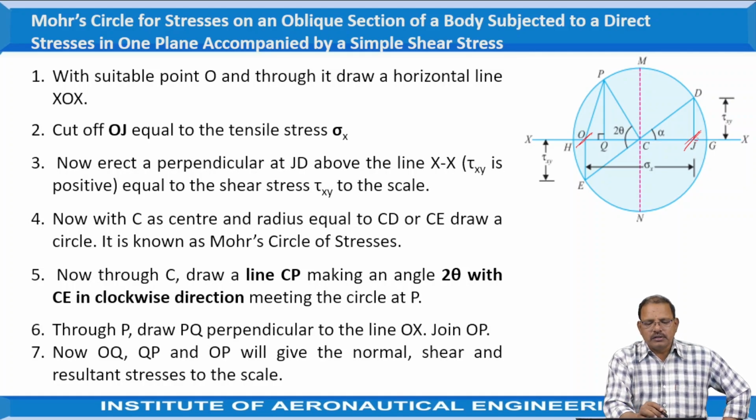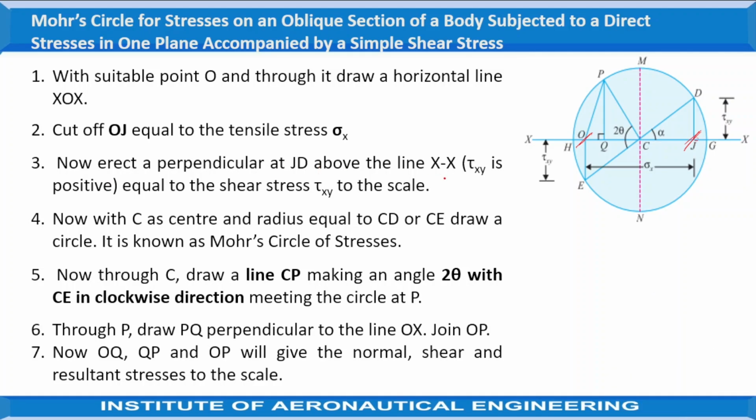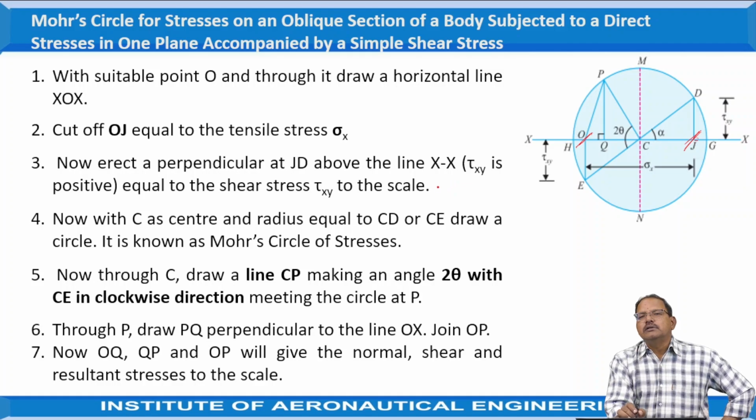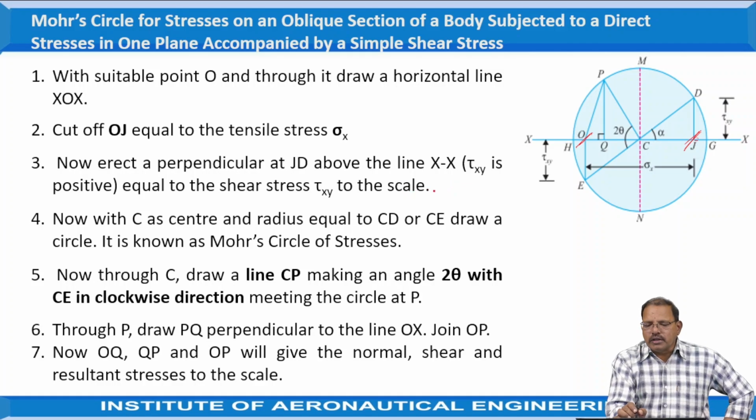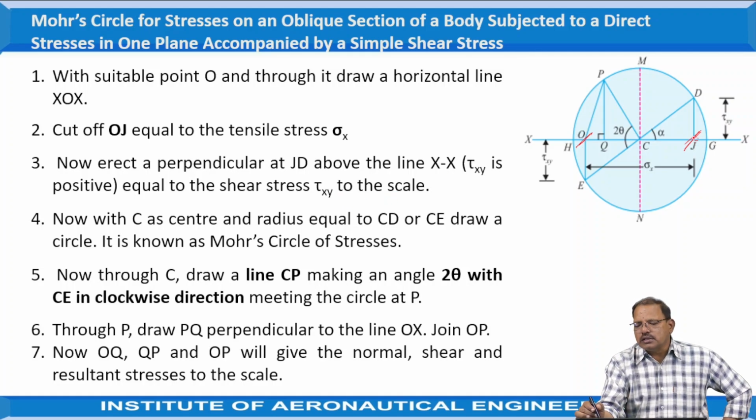Erect the perpendicular JD above the x-axis, for tau xy, which is positive because it tends to rotate the body in the clockwise direction, equal to the shear stress tau xy according to a suitable scale. The scale we selected for drawing the normal stress, we have to select the same scale to represent the shear also. That is the point D.